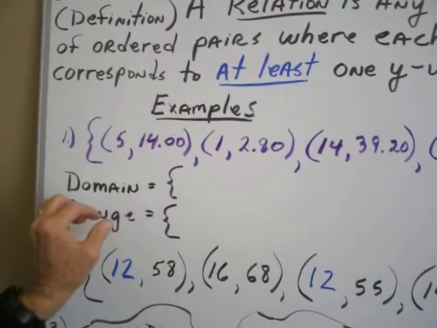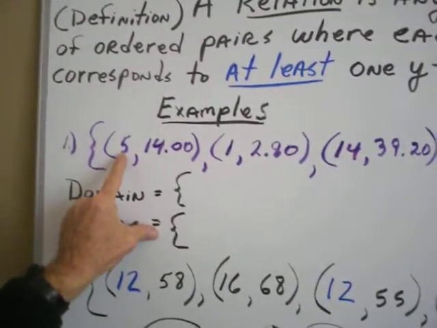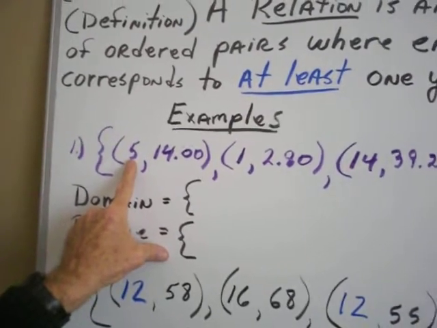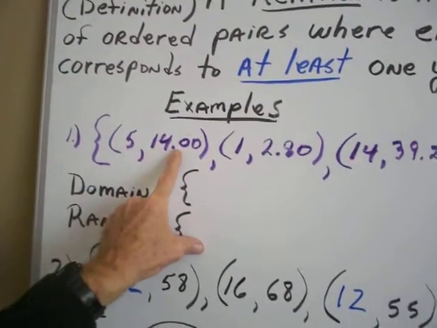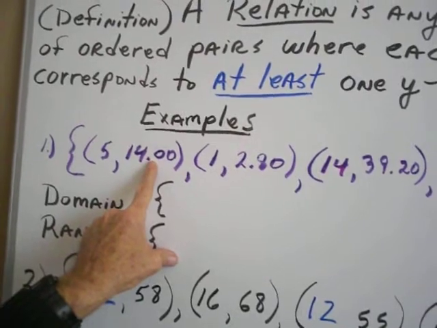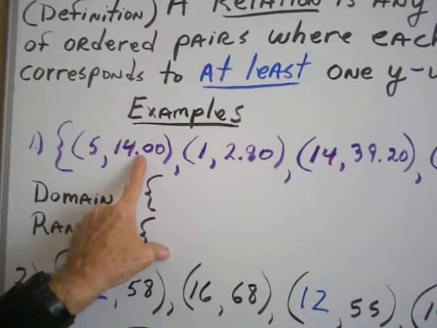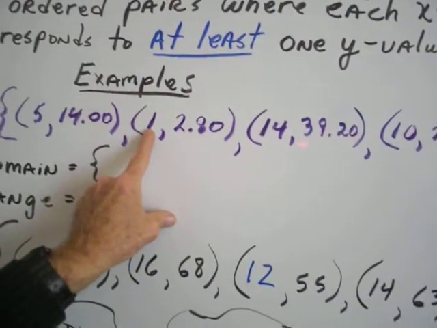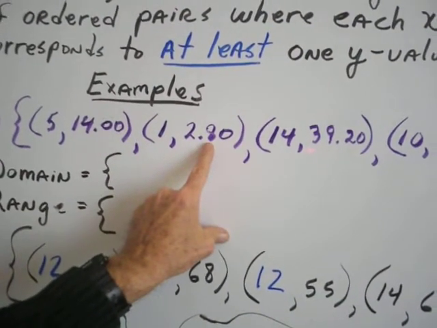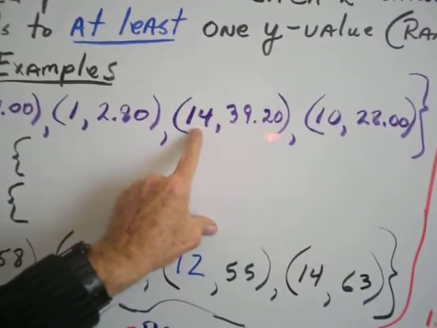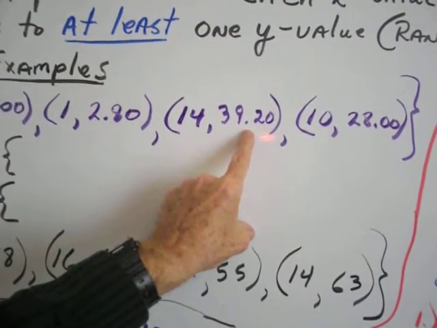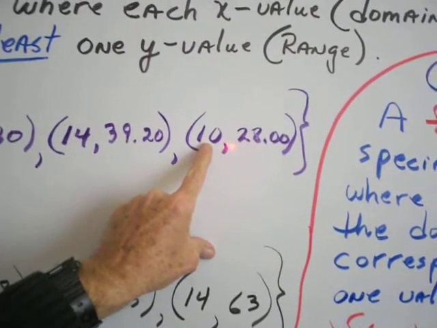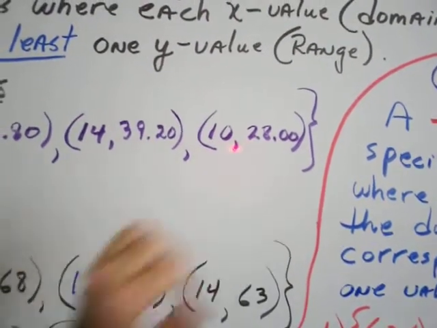So at a particular gas station, if your domain is 5, which would correspond to 5 gallons of gasoline, you're going to pay a range value or a cost of that gasoline to be $14. If you buy 1 gallon, you're going to pay $2.80. If you buy 14 gallons, you're going to pay $39.20. And if you get 10 gallons in the tank, you're going to pay $28.